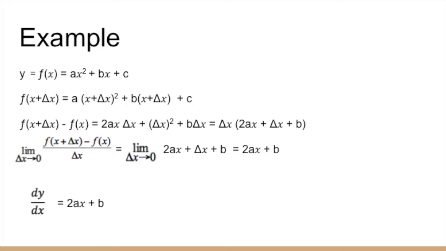The result will be 2ax plus b, since delta x gets really close to 0 and can be omitted at this point. In other words, the derivative of y is 2ax plus b. This is a very important technique to remember.